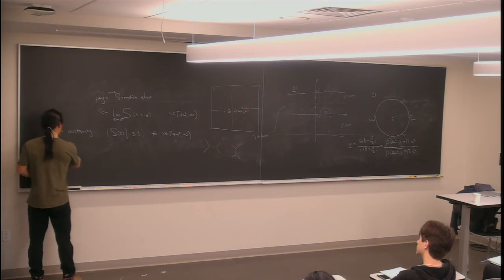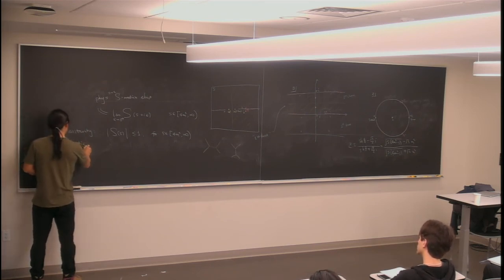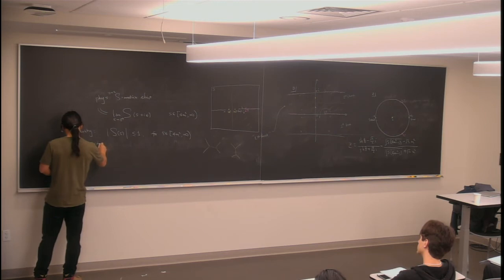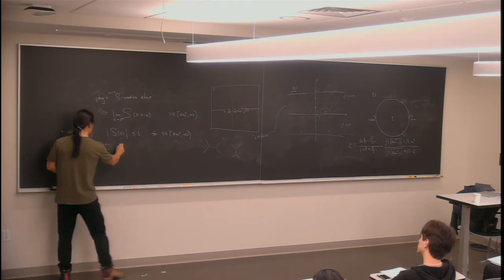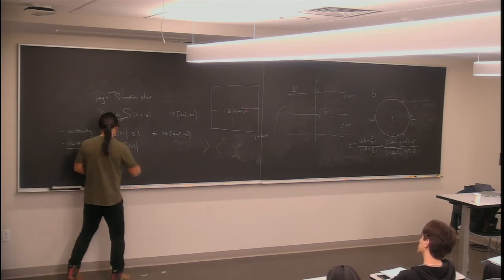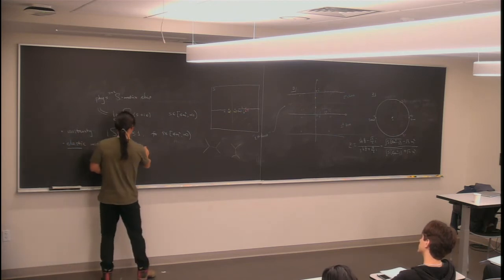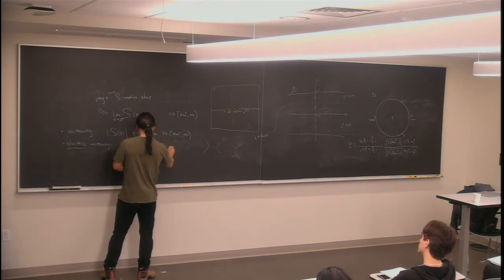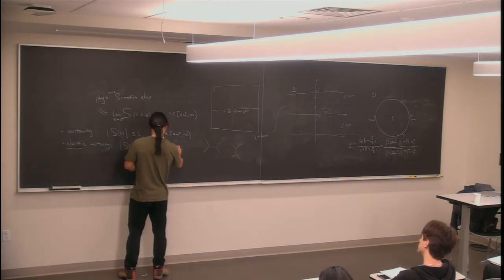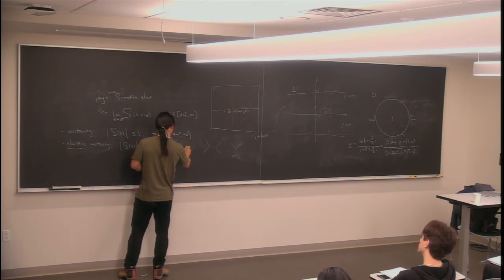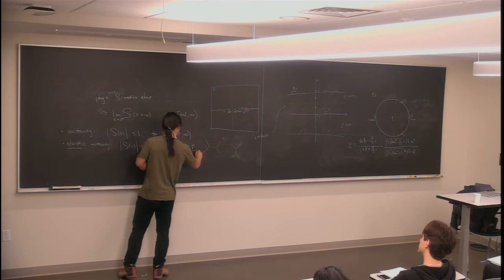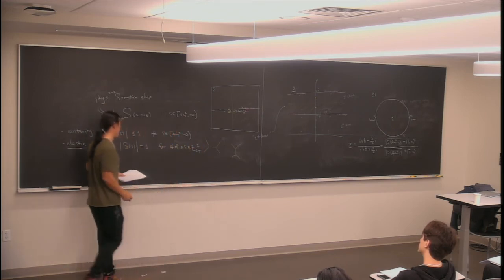Now, what I just said, the elastic unitarity, amounts to a statement that this S matrix element's modulus is actually equal to 1 for real s between 4m squared and the inelastic threshold squared.